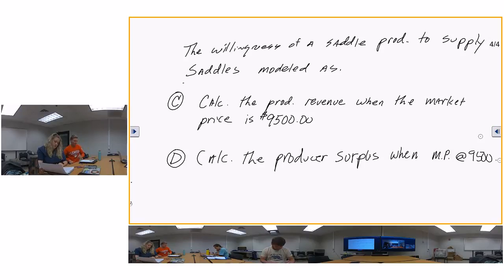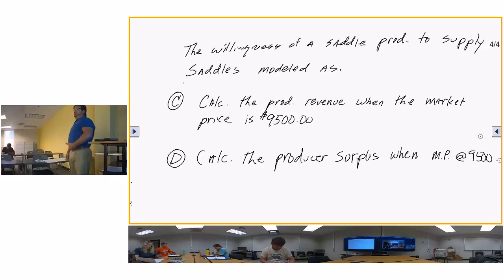Producer revenue. Remember what the producer revenue is? Length times width with your equilibrium.